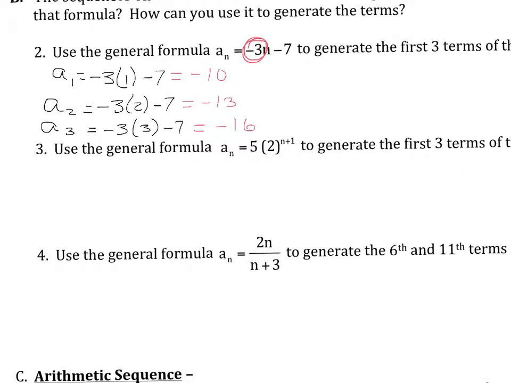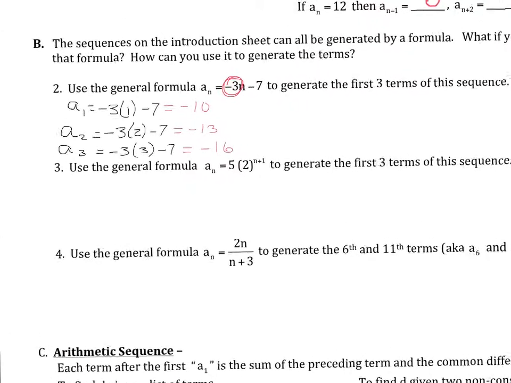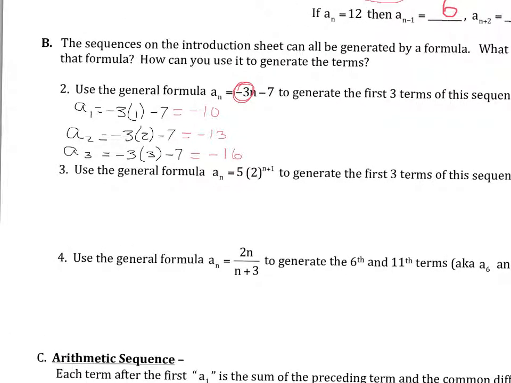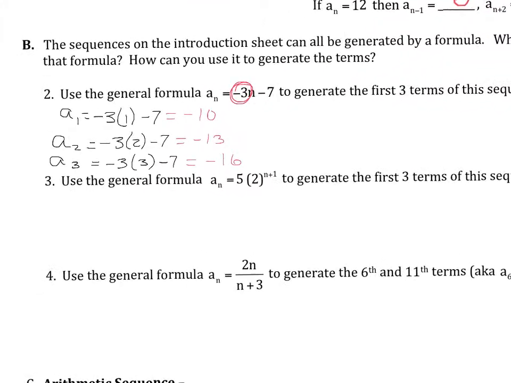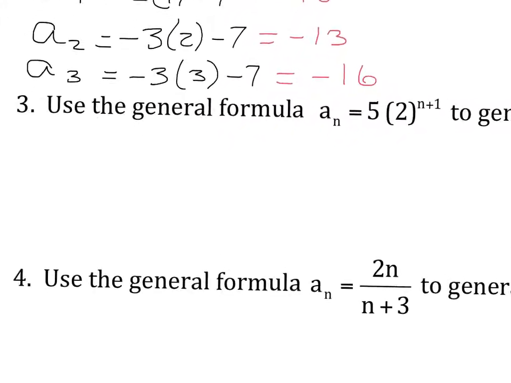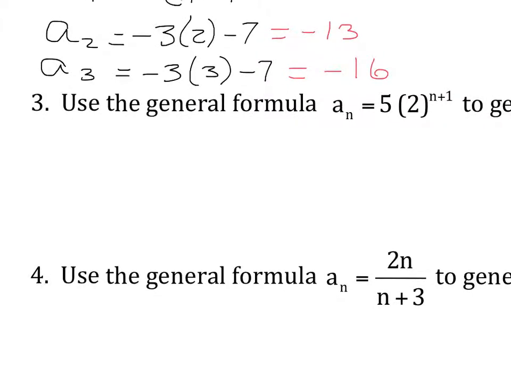Number 3, use the general formula A sub n is 5 times 2 to the n plus 1 power to generate the first 3 terms of this sequence. So again, first 3 terms, the first term is A sub 1, the 1 represents the first term, would be 5 times 2 to the 1 plus 1.